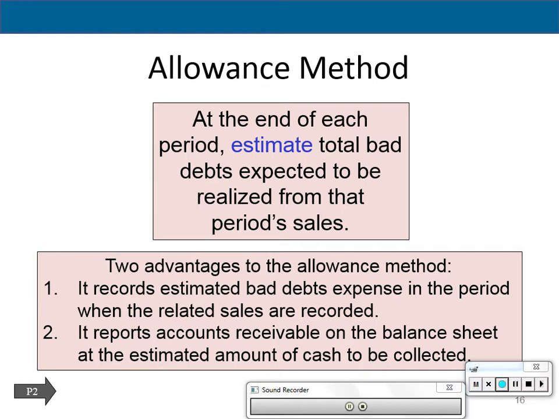Right. Those sales might have occurred a year before, a year prior, a couple of years prior. So with the allowance method, you get to write it off in the same period in which the sales related to it were recorded. And it allows you to report accounts receivable on the balance sheet at the estimated amount of cash to be collected versus what actually was collected, because it's an estimate.